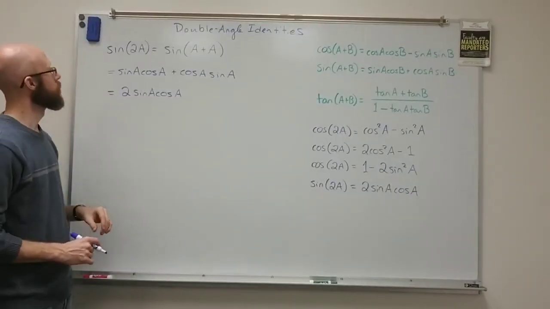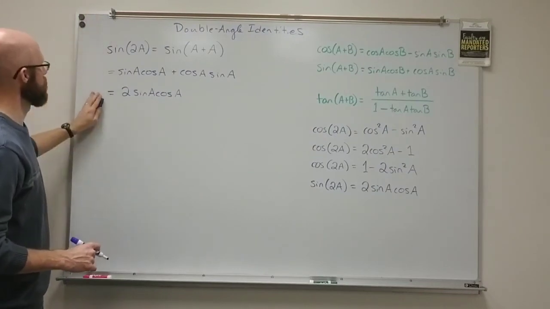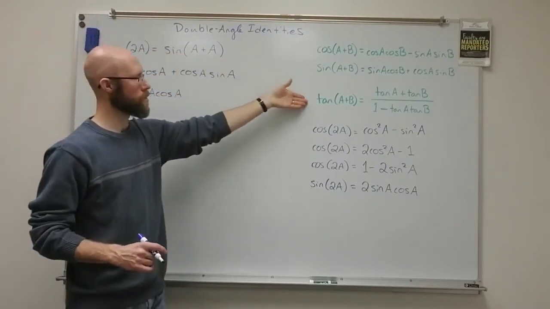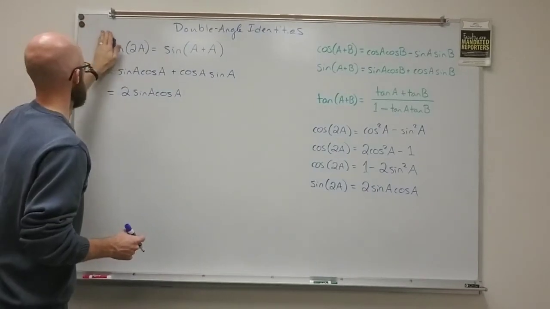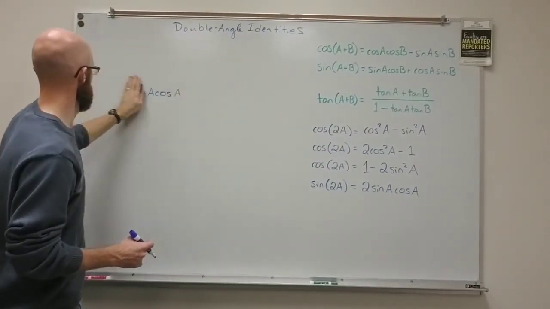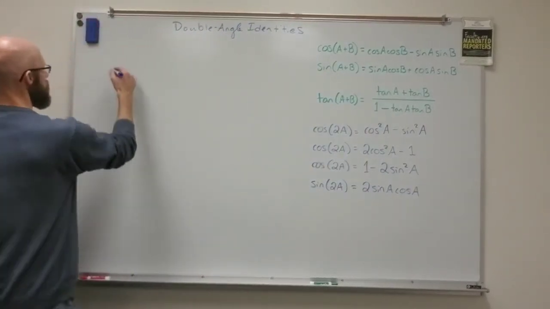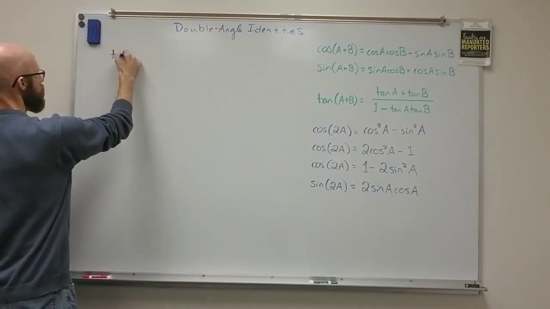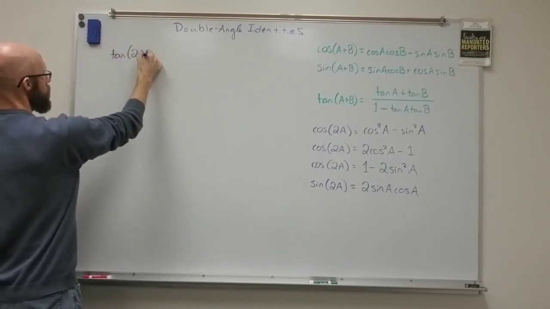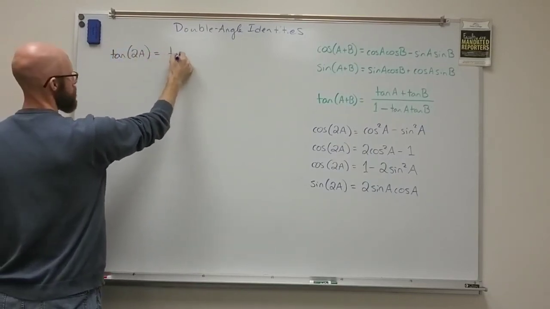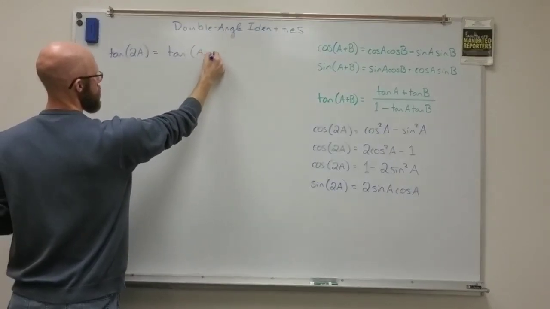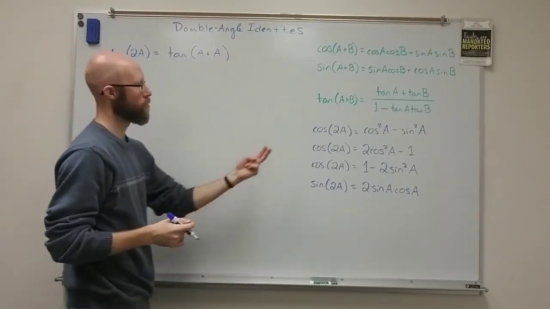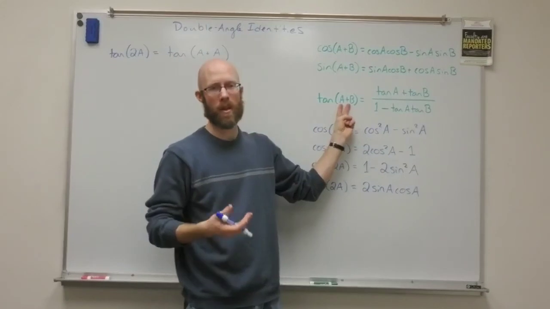Right? Now, the final step is a similar step with the tangent. So we're going to take the tangent of 2a and split it apart and call it the tangent of a plus a. Again, replacing both the a and the b with a and a.